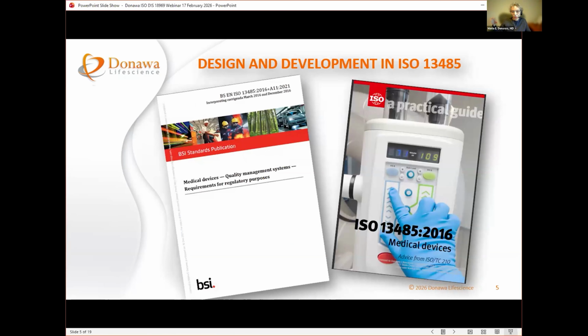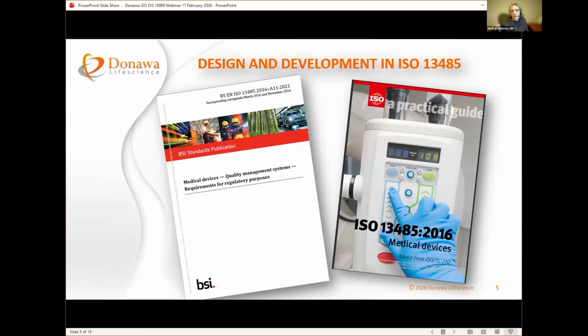We have tools. So again, and I'm thinking about 10 different things while I'm speaking, so bear with me. But in terms of actually using the 18969 standard, we have tools. We have the Quality Management System Standard, 13485, on the left, and we have a guide.